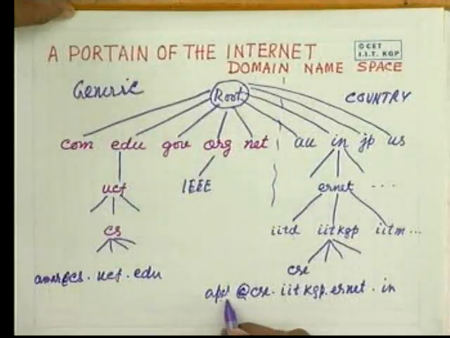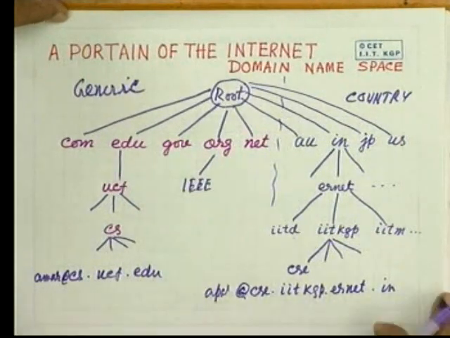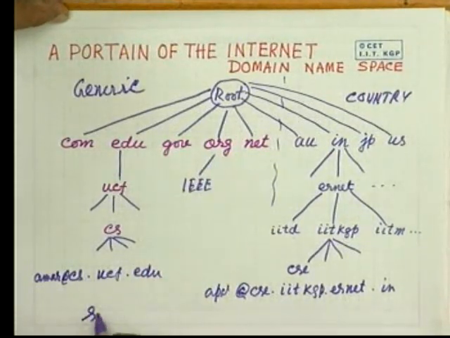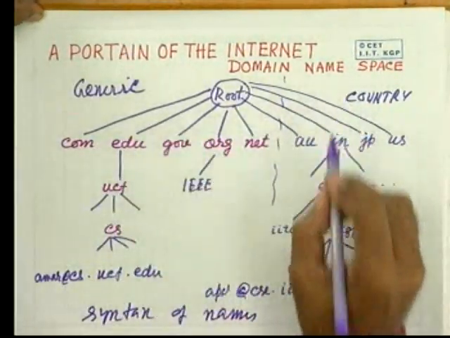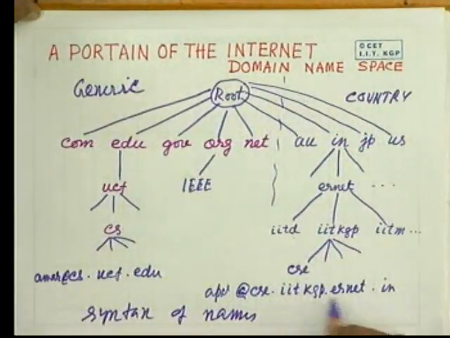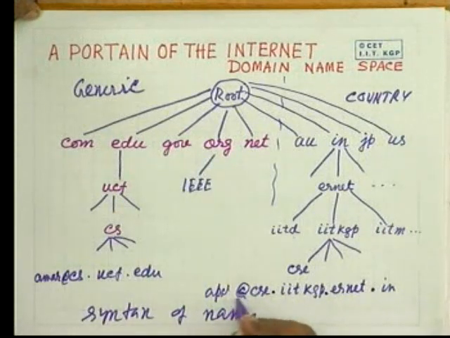So you see, this gives a very systematic syntax of names. Using this domain name system, we find that these ASCII characters are separated by dots, and this gives a hierarchical organization.